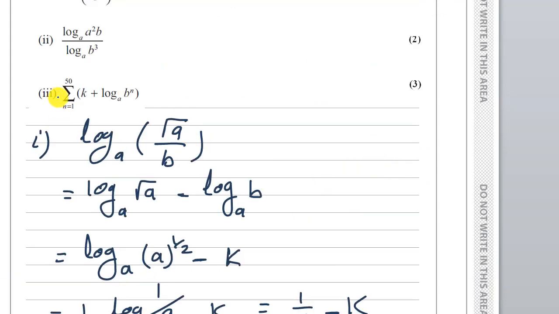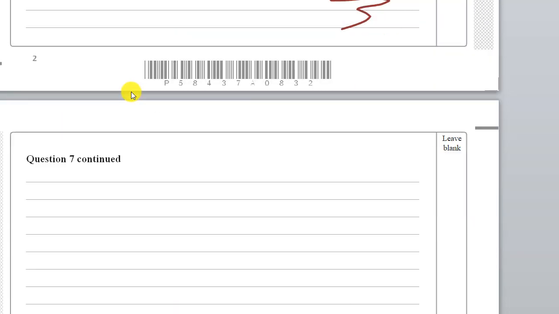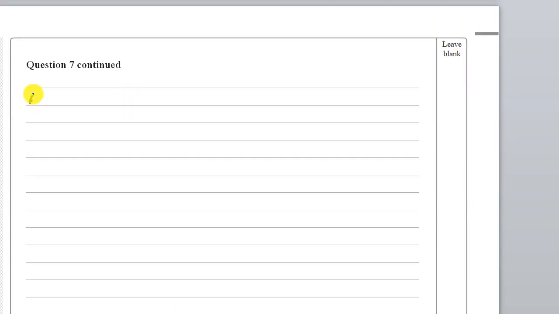Now for part 3, summation from n equal to 1 to 50, k plus log a b to the power n. So let us write this part. This is part 3.